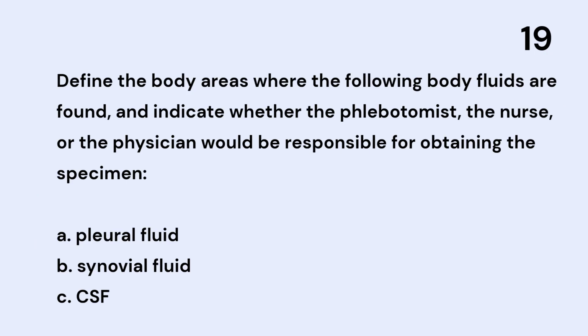Define the body areas where the following body fluids are found and indicate whether the phlebotomist, the nurse, or the physician will be responsible for obtaining the specimen. A. Pleural fluid. B. Synovial fluid. C. CSF.